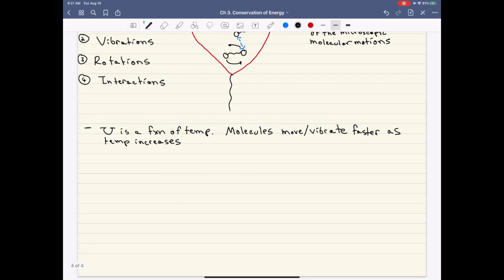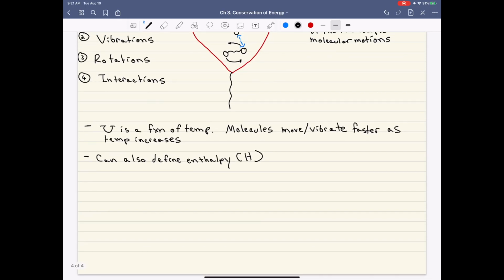But another useful quantity we could define, or that we have defined in MEB2, is enthalpy. And we abbreviate enthalpy as H. And enthalpy is mathematically defined as the sum of the internal energy plus pressure times volume.